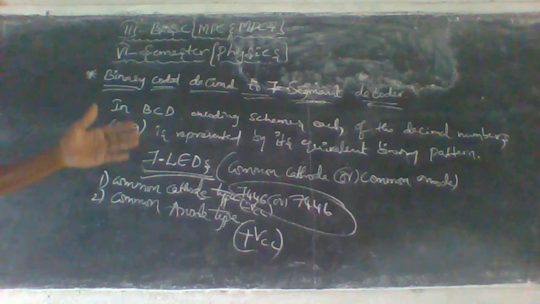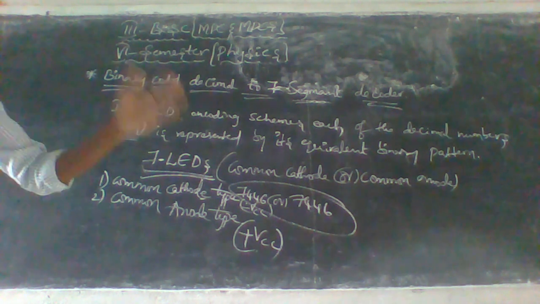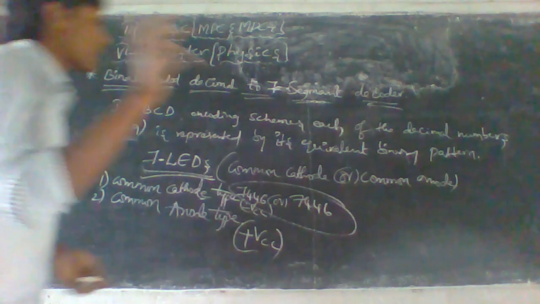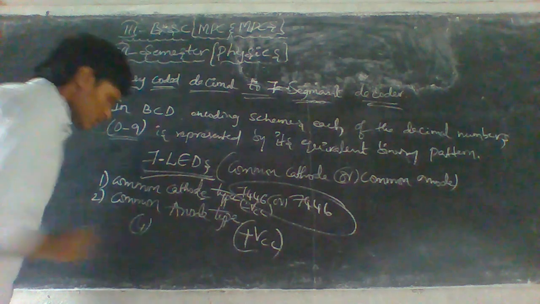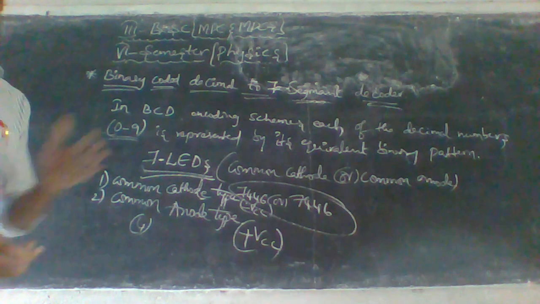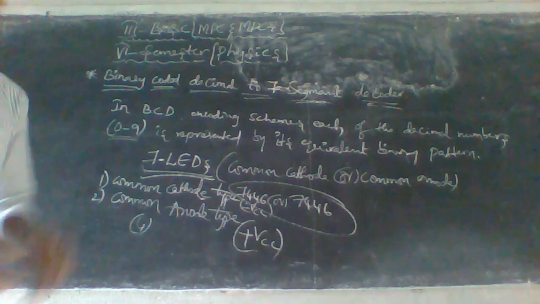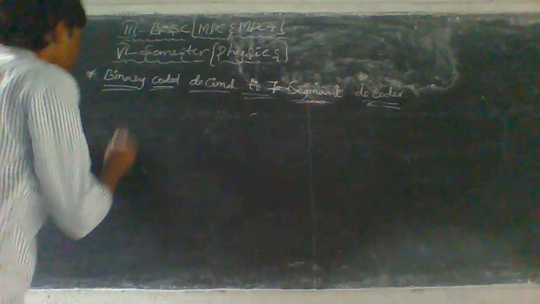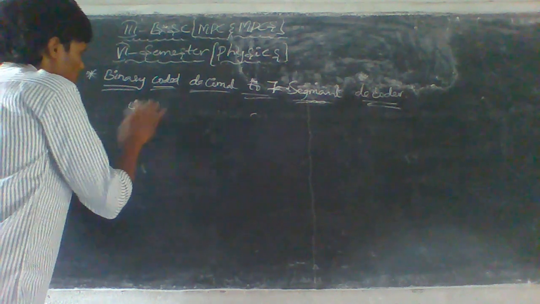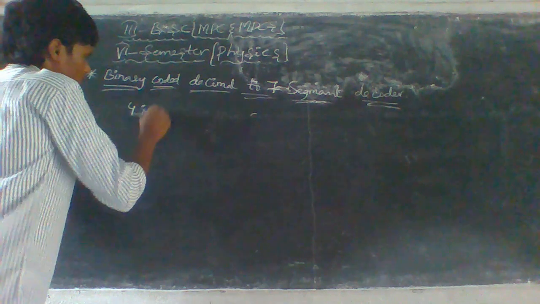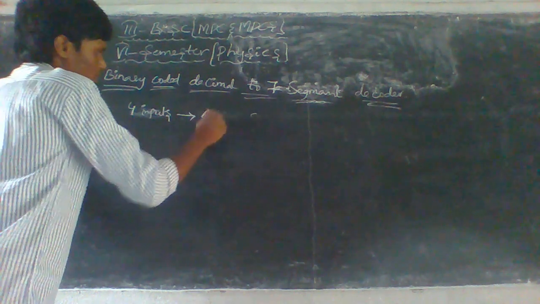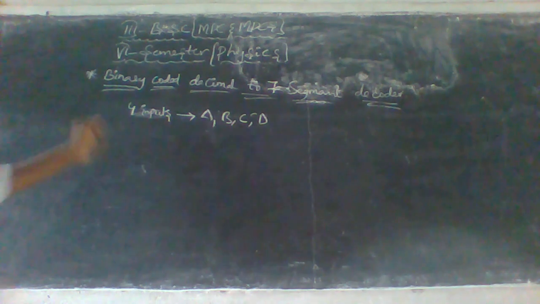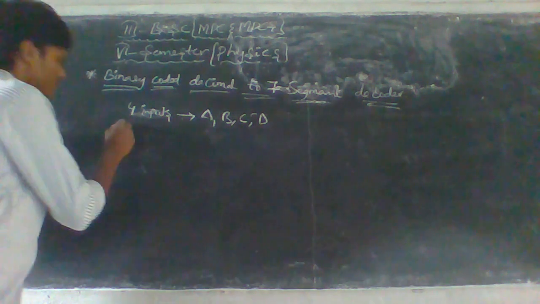This BCD to 7 segment decoder has 4 input lines, A, B, C, D, and 7 output lines.